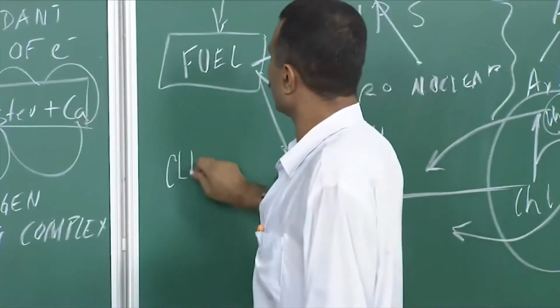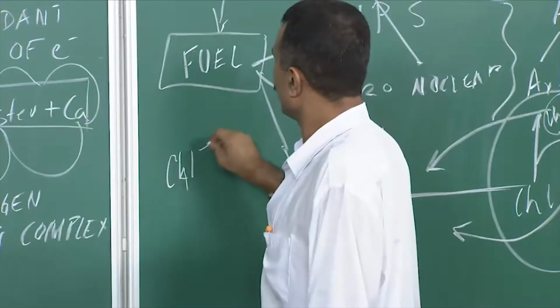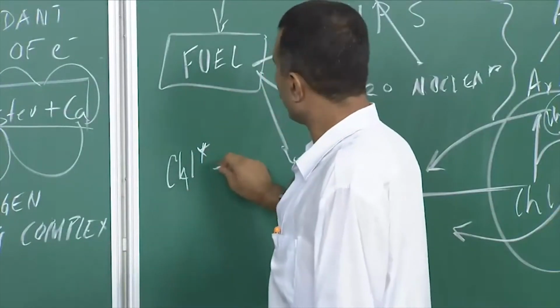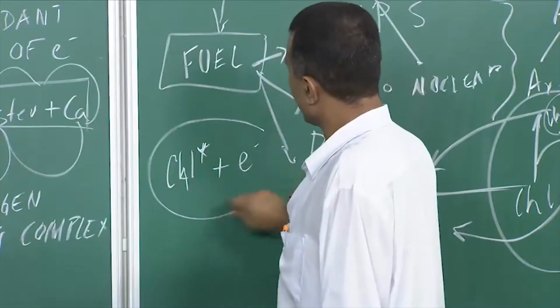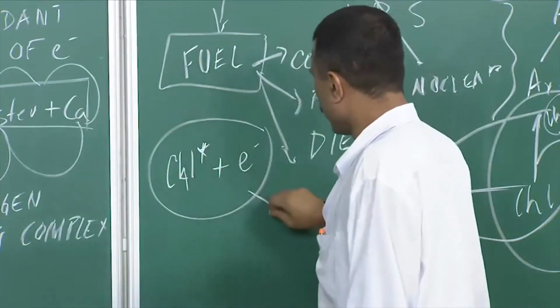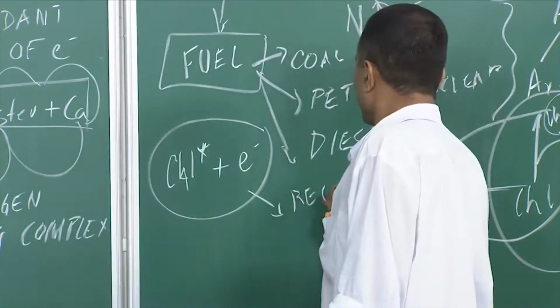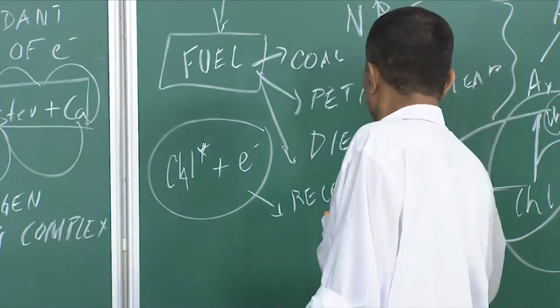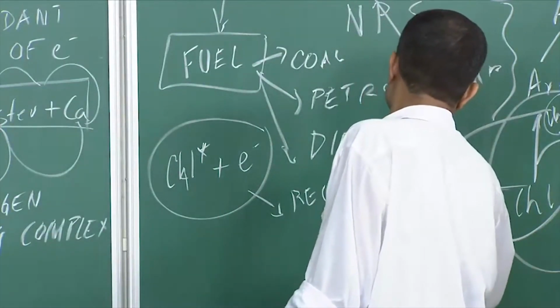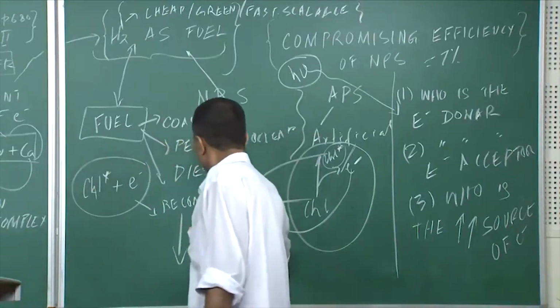So, the chlorophyll which is devoid of an electron, plus the electron which is ejected, will recombine again, then and there. There will be a recombination process, and it will bring it back to its ground state.